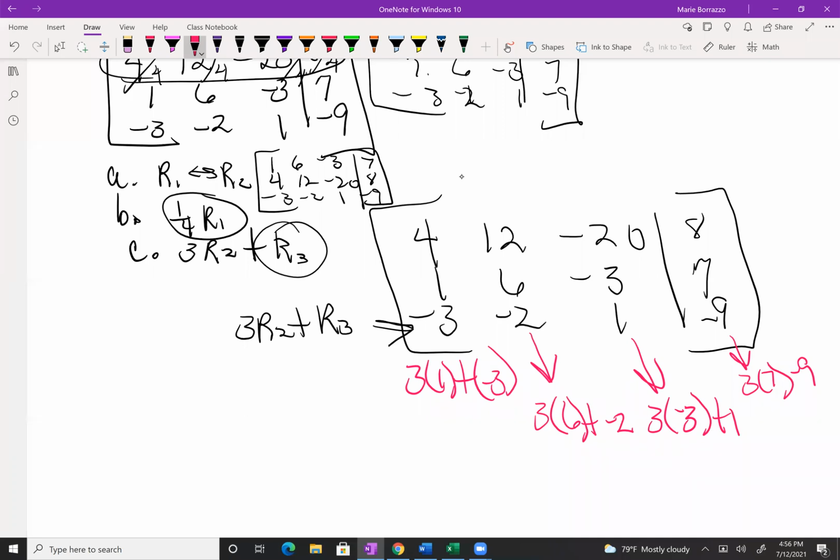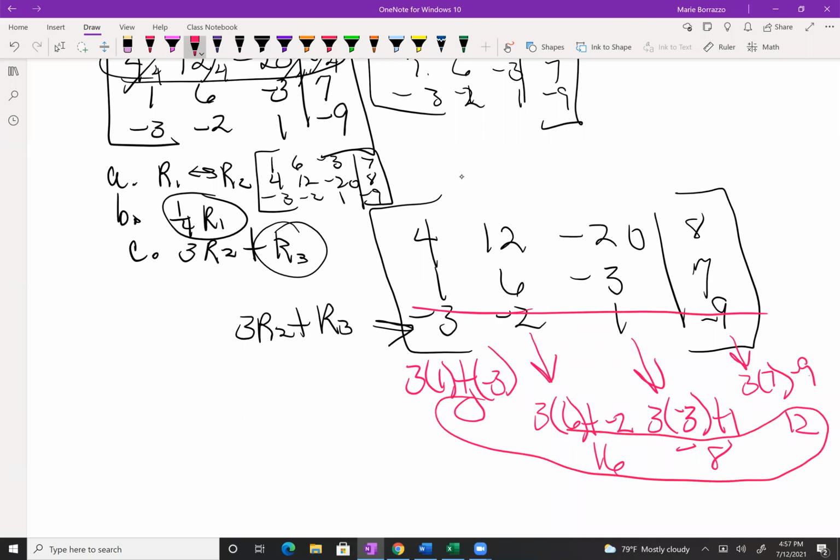And so the solutions, I didn't do the math in my head, so let me go here. This is 0. This is going to be 18 minus 2, which is 16. This is -9 plus 1, so this is -8, and this is 21 minus 9, which is 12. And so all of this row goes away, and these are your new answers right here. All right? Got it.